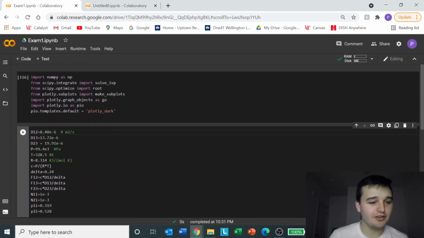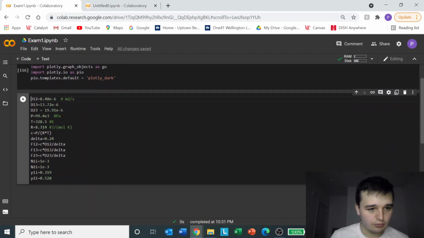Moving on to some of the given parameters of this problem, we're given the Stefan-Maxwell pair diffusivities. We're given these in millimeters squared per second in the book, and we transform them to meters squared per second. We're given the pressures in Pascals and temperature in Kelvin, and we know the gas constant is 8.314 joules per mole Kelvin.